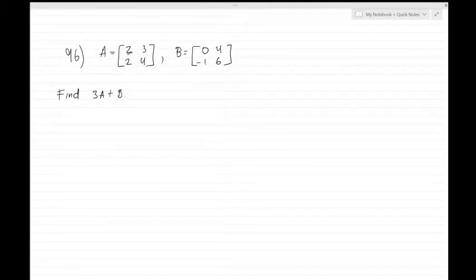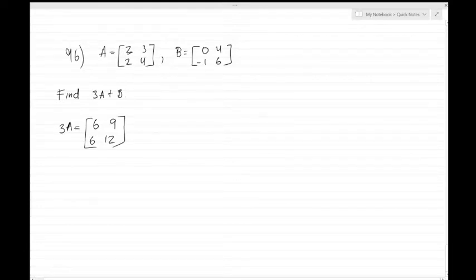So what we can do is multiply everything in A by 3. So 3A will look like this. So 2 times 3 is 6, 9, 6, and 12.